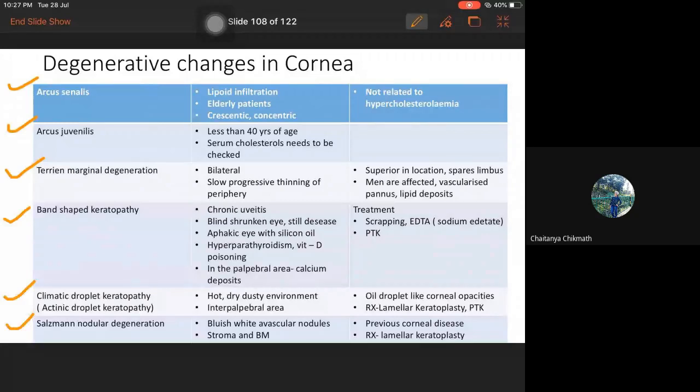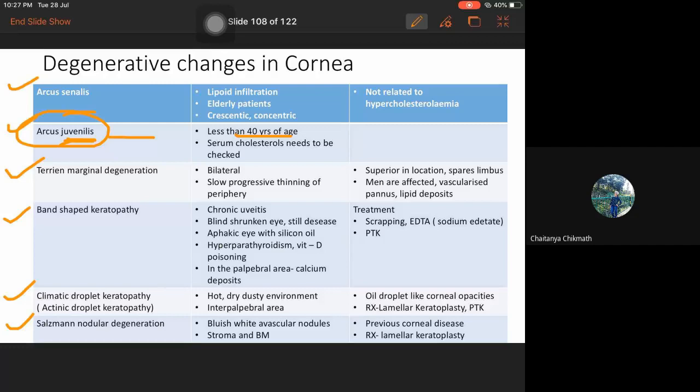Out of all the degenerations, arcus juvenilis is the only one that occurs below 40 years of age. The rest occur in elderly patients. You have to keep that in mind. The name itself suggests it: juvenilis occurs in less than 40 years of age.